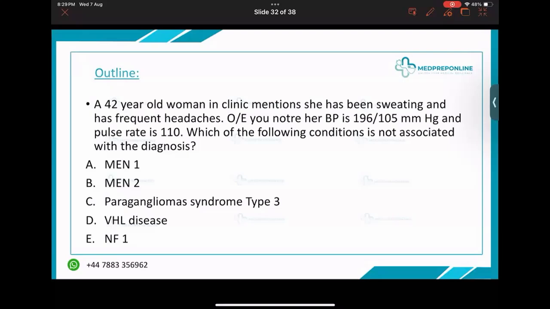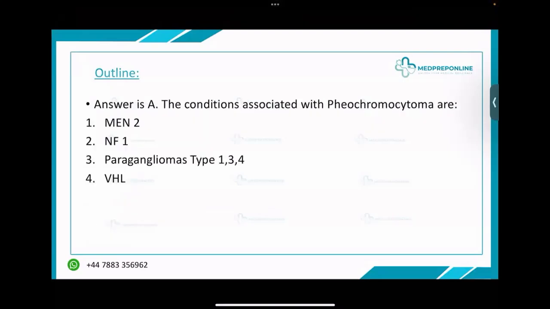So here the answer is A. The conditions associated with pheochromocytoma are MEN2, neurofibromatosis 1, paragangliomas, which are type 1, 3, and 4, and von Hippel-Lindau. Paragangliomas are basically the extra-adrenal pheochromocytomas that we see.